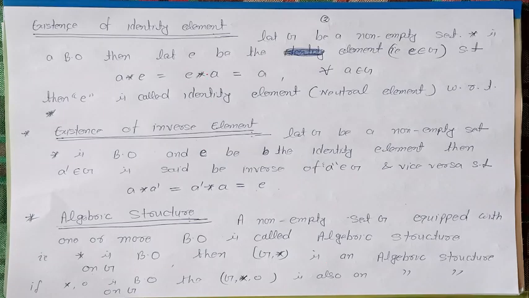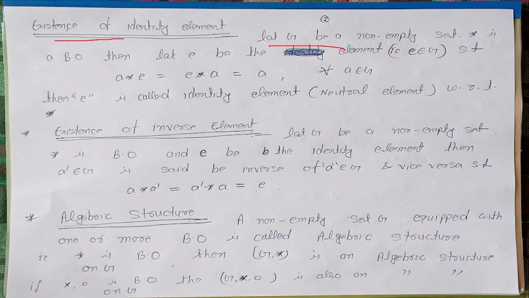Okay, existence of identity. Sometimes it happens that you do not have an identity element. The identity element mainly depends on the binary operation.